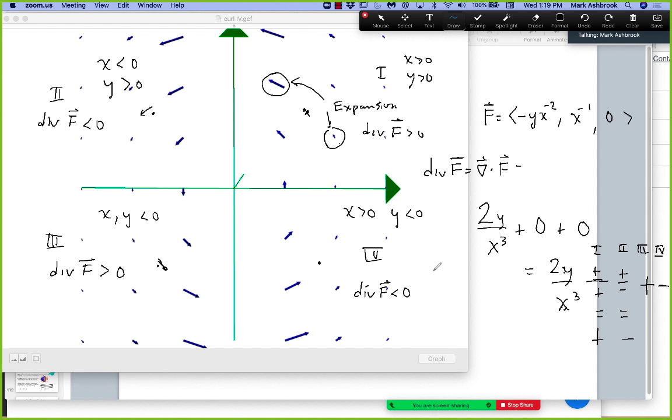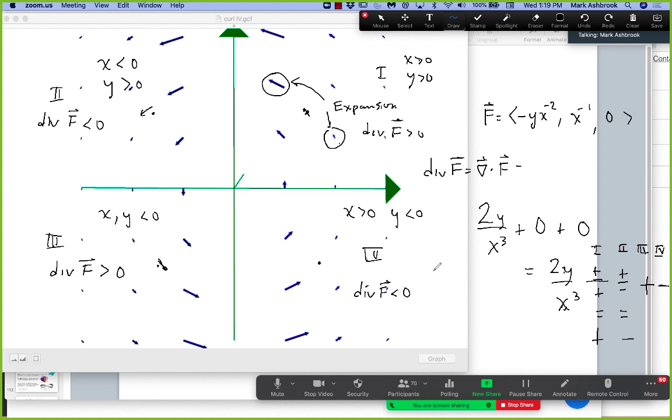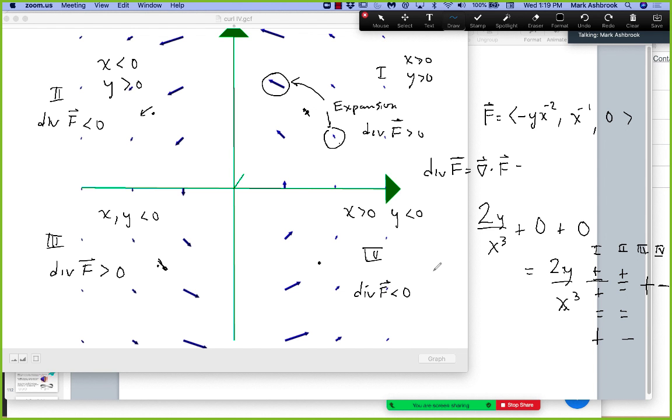Okay, so does this make sense? This thing with divergence, right? It's a pointwise function giving the expansive rate of change at every point, and that's just a number at every point, it's just a value, not a vector.